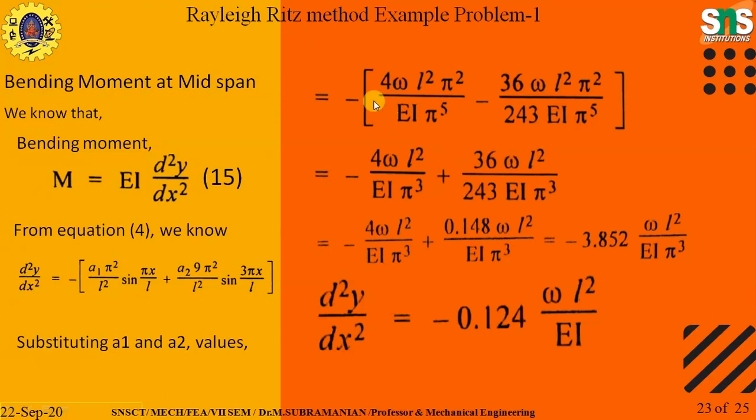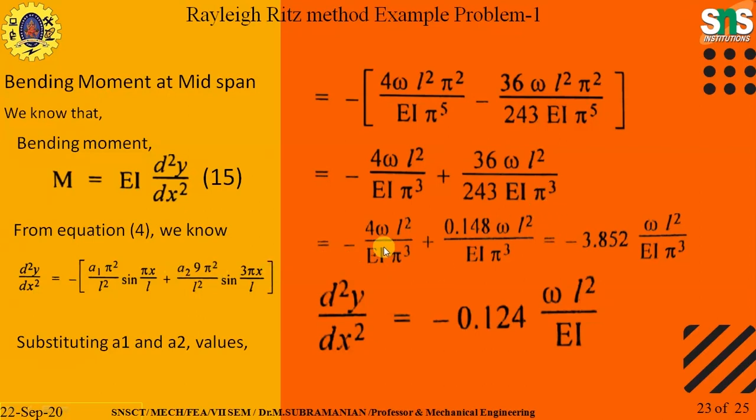So we are getting minus 4 wL^2 pi square by E I pi^5 minus 36 wL^2 pi square divided by 243 E I pi^5. So the minus term we are going to put inside, minus into minus is plus: minus 4 wL^2 divided by E I pi^3 plus 36 wL^2 divided by 243 E I pi^3.